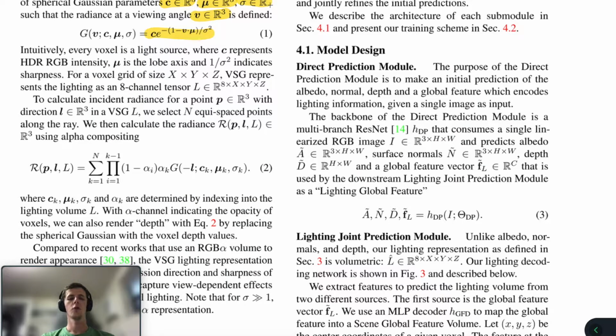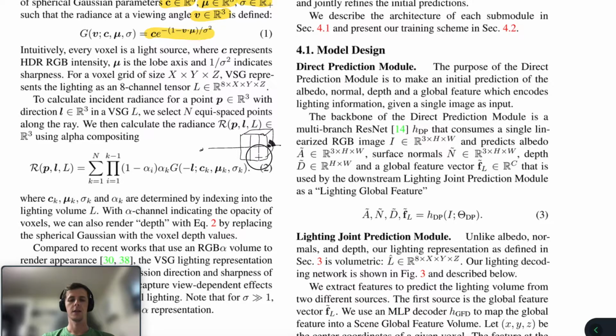Now, if you want to know the color of a given point in space, let's say here the point which later will become the pixel of a picture, what you can do is trace a ray in the voxel representation, the VSG, and it will intercept those voxels.